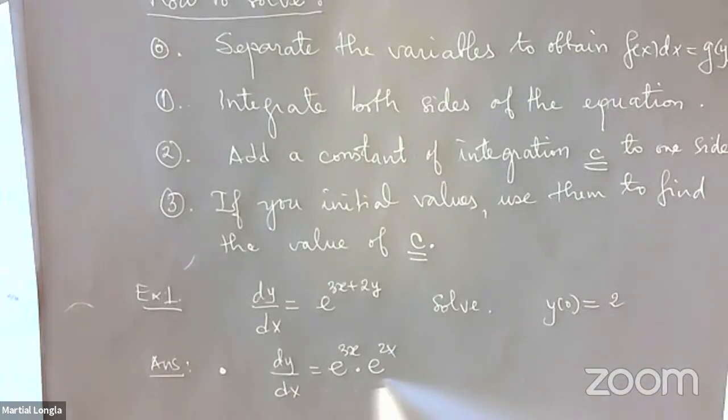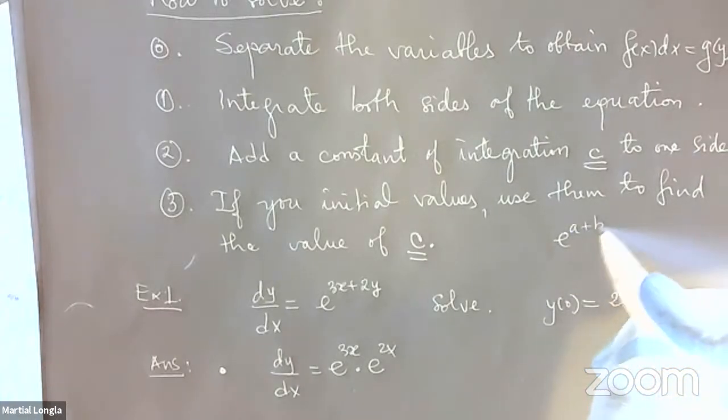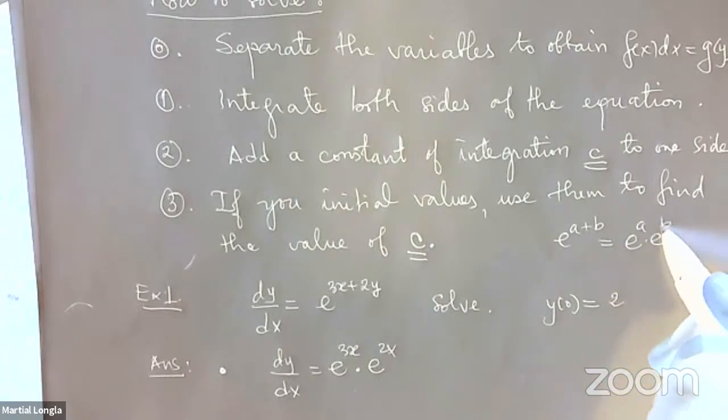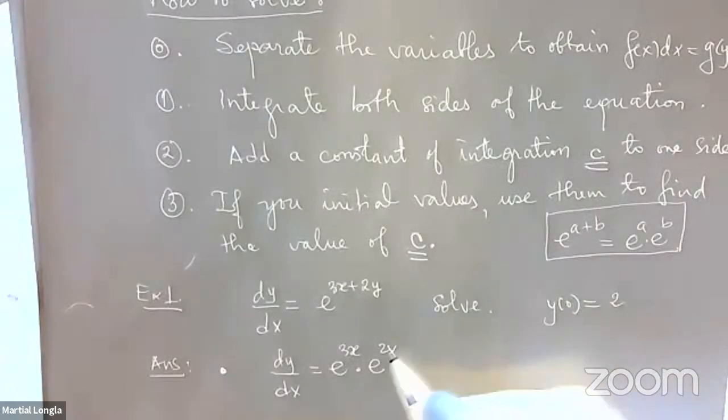And here we are using the properties of exponentials: e to the a plus b is nothing but e to the a times e to the b. That's a property of exponentials. That should be e to the 2y down there. Yes, thank you.